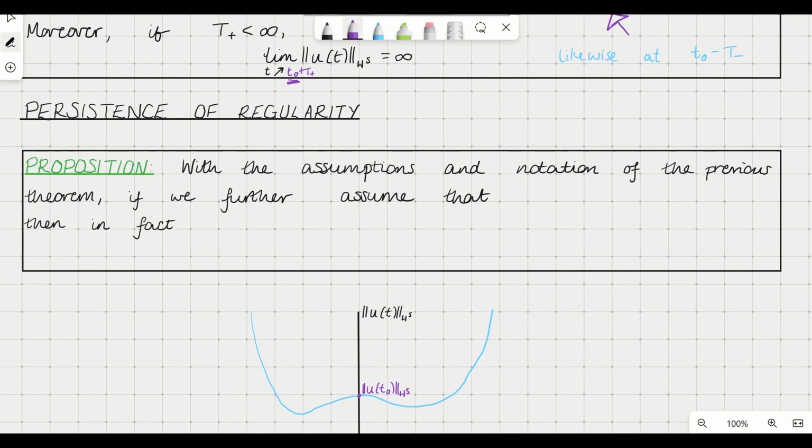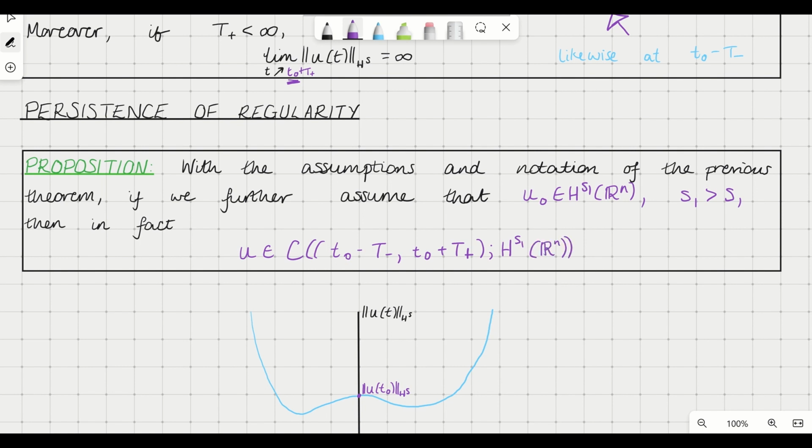So this is the following. We're going to prove that, with the same assumptions as for the previous theorem, if we further assume that u0 is now not only in H^s but in some H^s1, with s1 larger than s, then in fact the solution u belongs to C of (t0 minus t minus, t0 plus t plus), that maximal interval of existence in H^s, into H^s1.